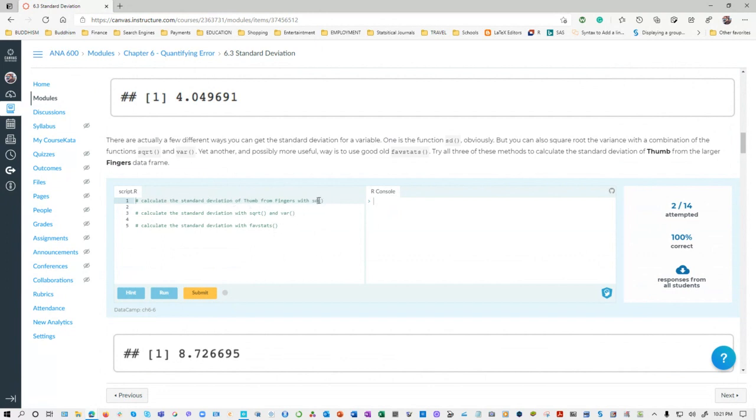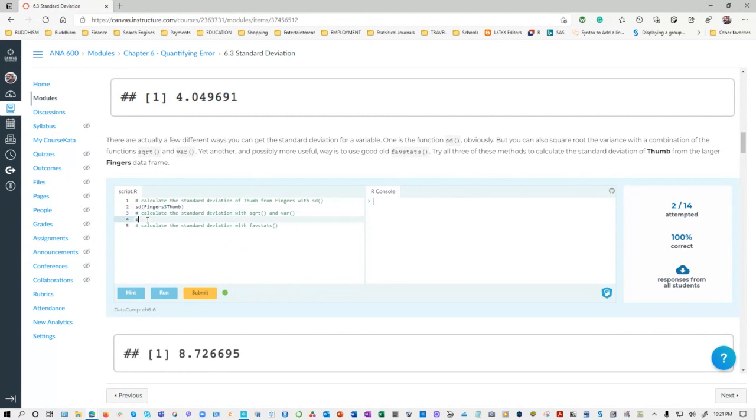Not only that, if you go to SD of fingers, and you go to thumb. The other one, calculate the standard deviation as the square root of the VAR.